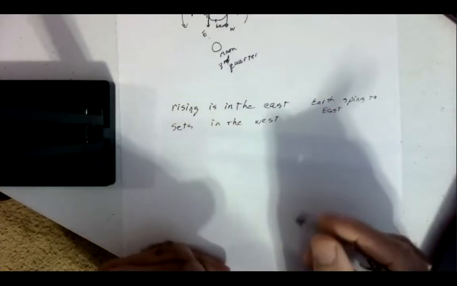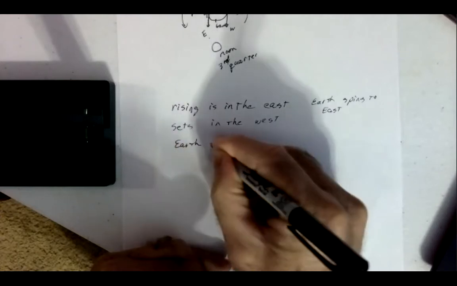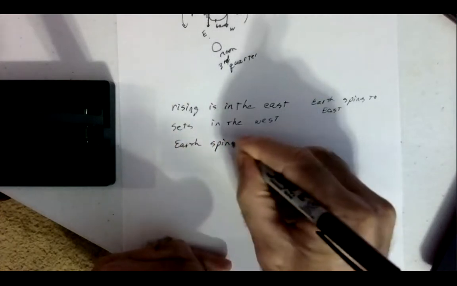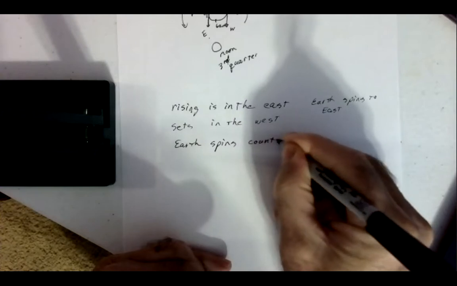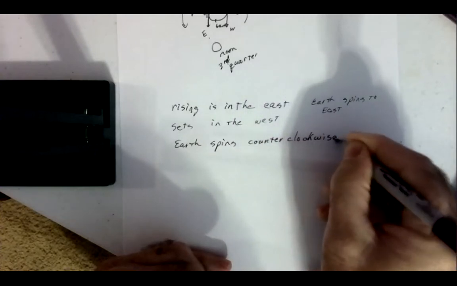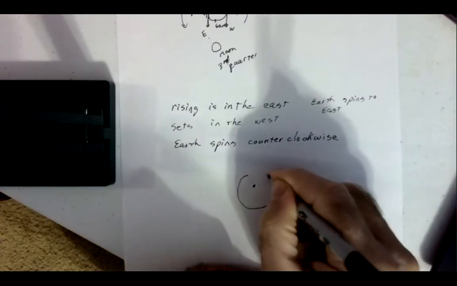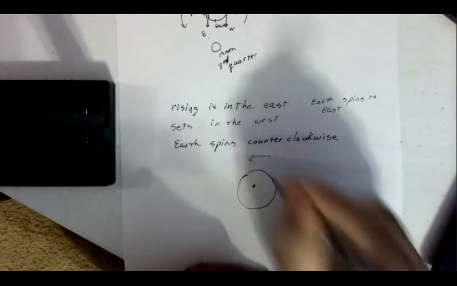And the other thing you need to remember is that the Earth spins counterclockwise. So opposite of a clock. So when we're looking at it with the North Pole sticking up, which is what we do in our diagrams here, the Earth is spinning this way.